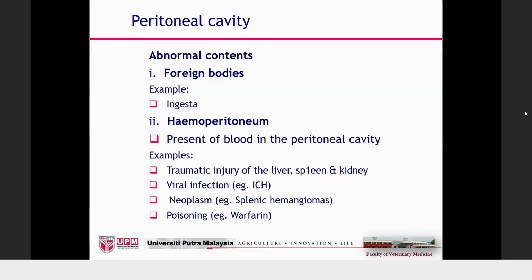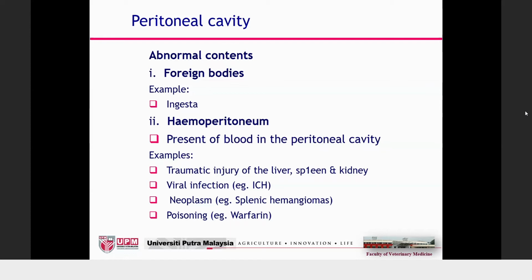When that happens, blood or clotted blood might ooze out into the peritoneal or abdominal cavity, and it looks like a hemoperitoneum condition, as if the animal had ascites, for example. So you can see, hemoperitoneum presents as blood in the peritoneal cavity.